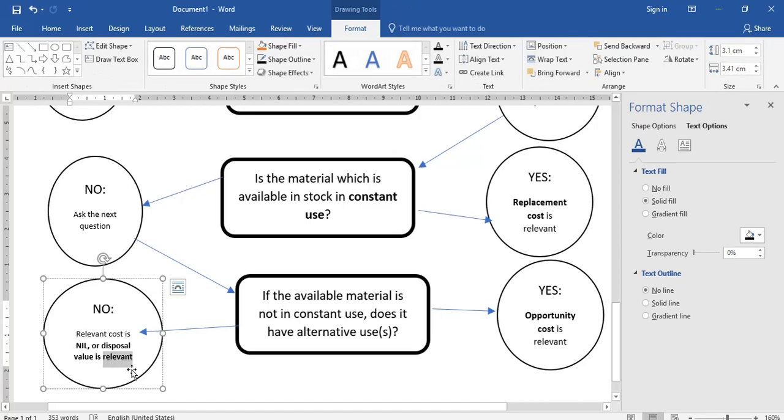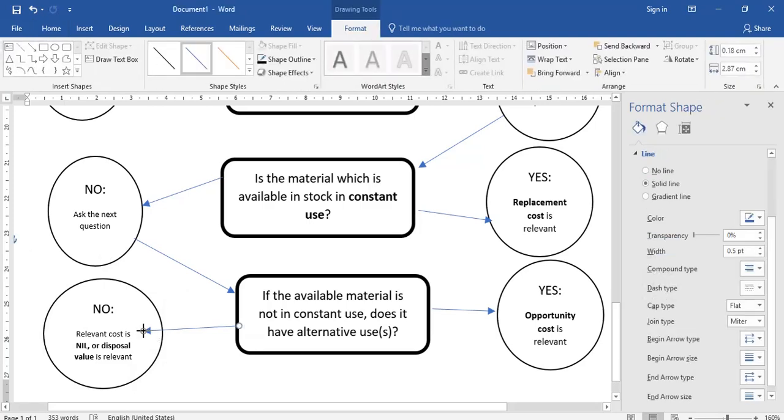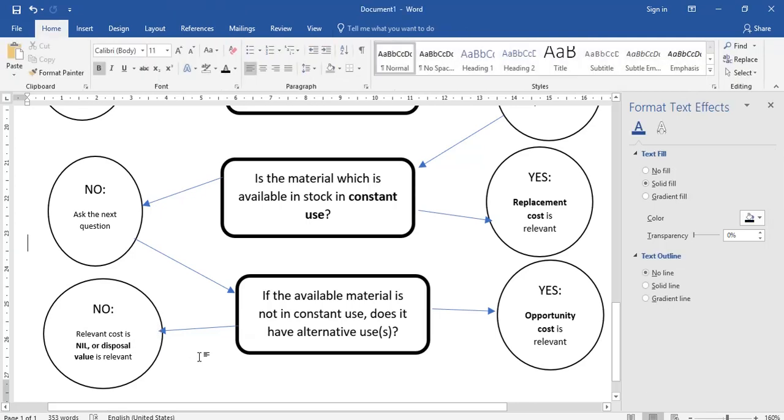When we say disposal value, we mean taking this material and disposing them, maybe because they are perishable and you don't use them, they are going to get spoiled. Let's say things perishable like tomatoes and all that, they are materials. If you don't use them, they have no other alternative use. Let's say they are going to perish and you dispose them.